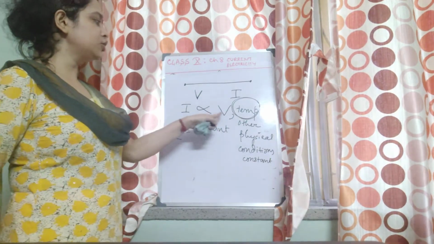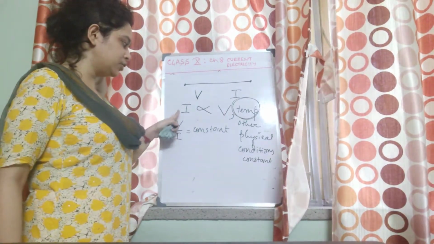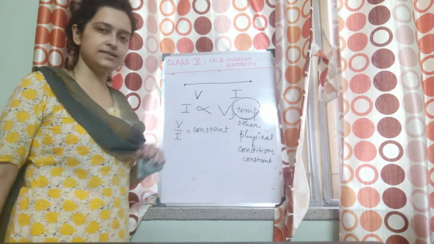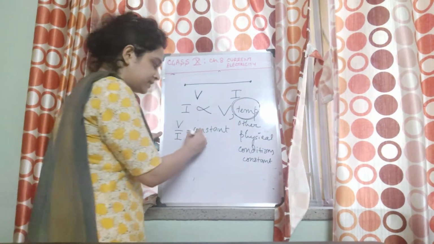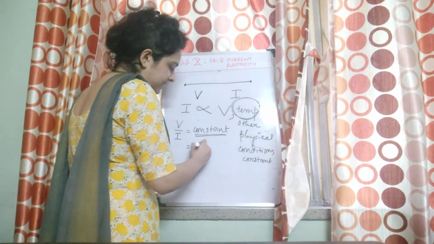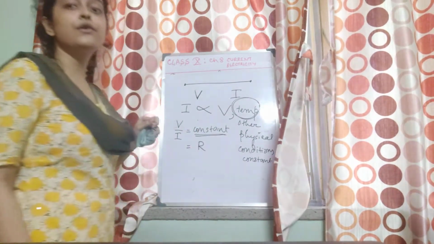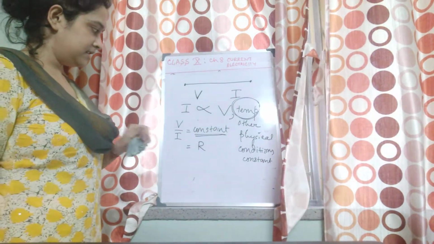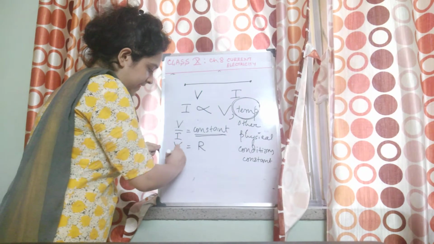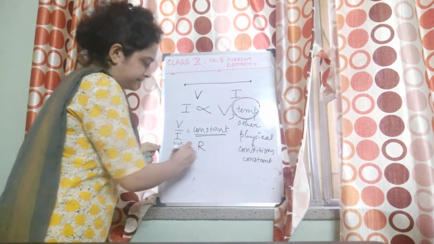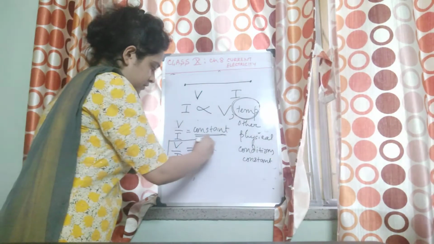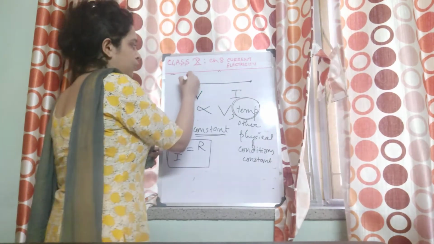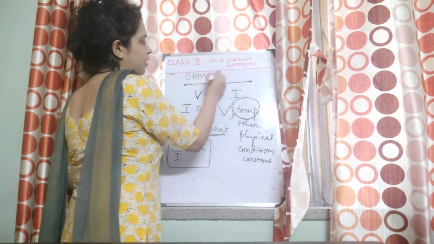If I is proportional to V, V is also proportional to I, so V by I equal to constant. This constant is nothing but capital R, resistance. V by I equal to R. What is the law? Ohm's law.